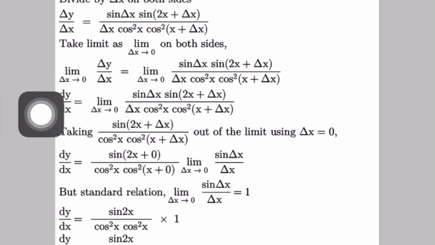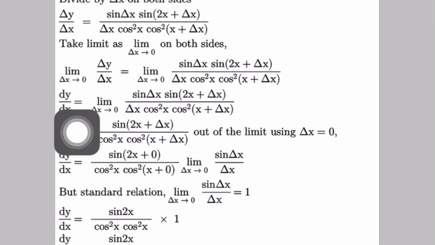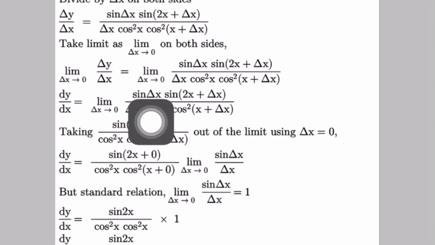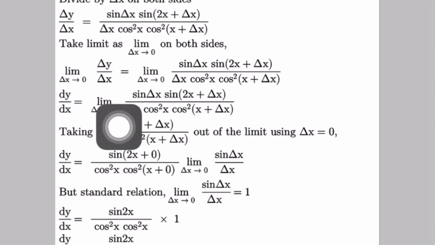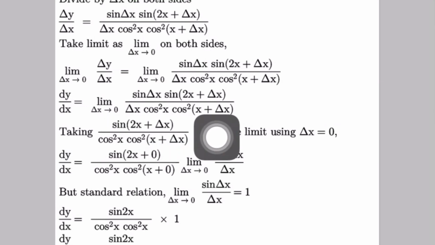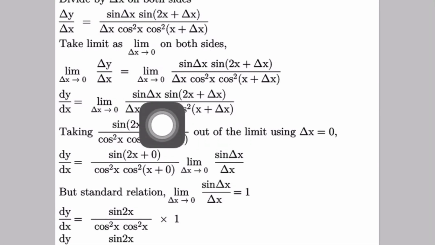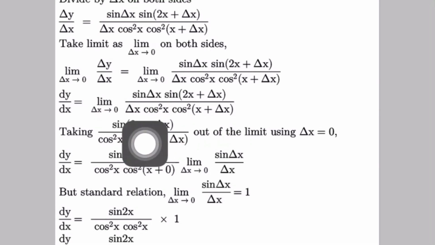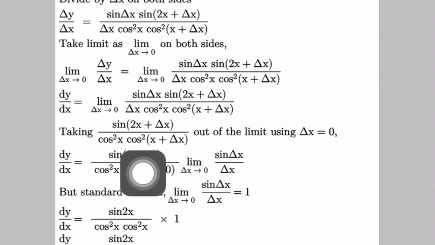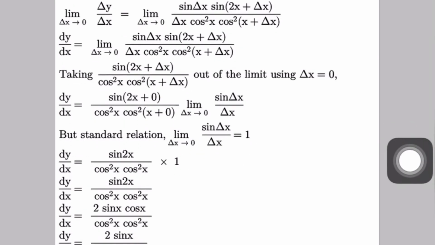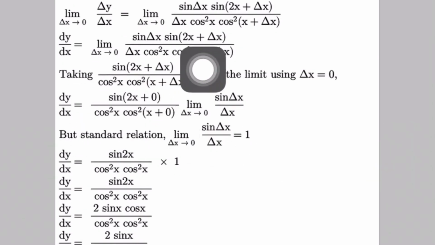This means the derivative of the function y with respect to x, where y is a function of x, and that is equal to limit del x tends to 0 of sine del x times sine 2x plus del x, and in the denominator del x times cos square x times cos square x plus del x. This cos square x is independent of del x, so you can take it out of the limit, and you can put del x equal to 0 inside this cos, so we are left with sine, and you can also use del x here.